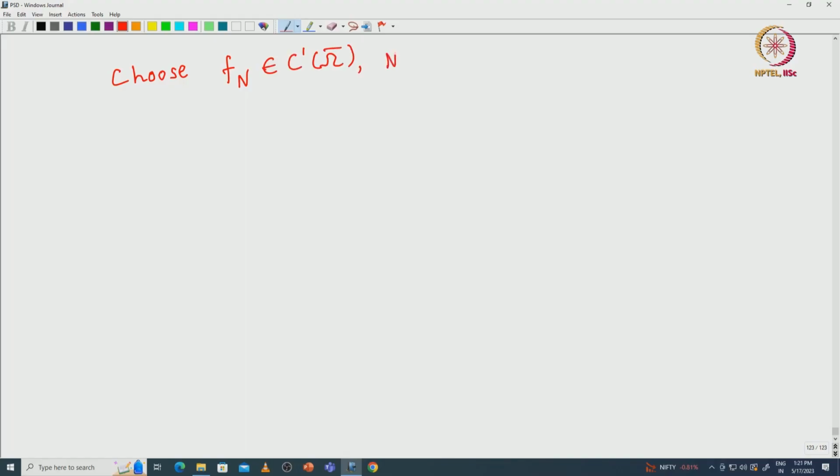So, n again depends on this epsilon, such that f minus f n, so this is by density.